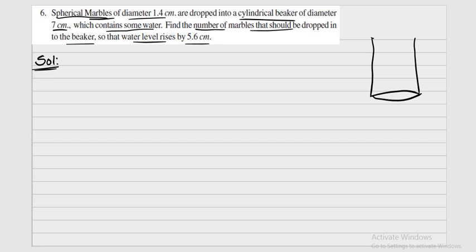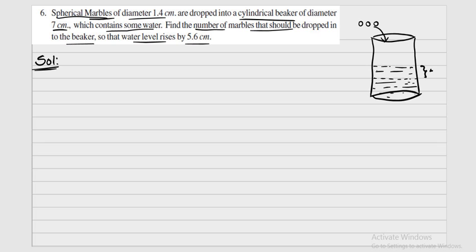So here this is my cylindrical beaker. In this cylindrical beaker, suppose I am having water till here, right? I am considering the water till here, and after that what is happening? When I drop marbles, which are all spherical in shape, the water should rise to a level of 5.6 centimeters.